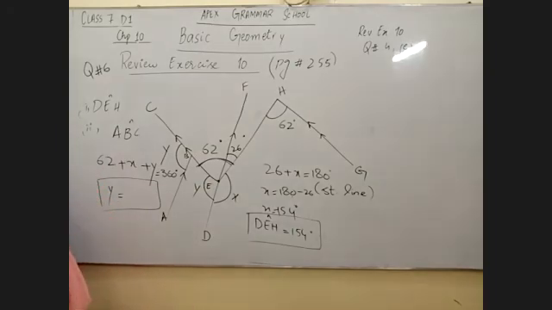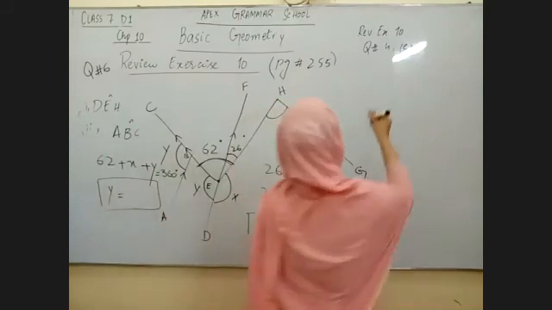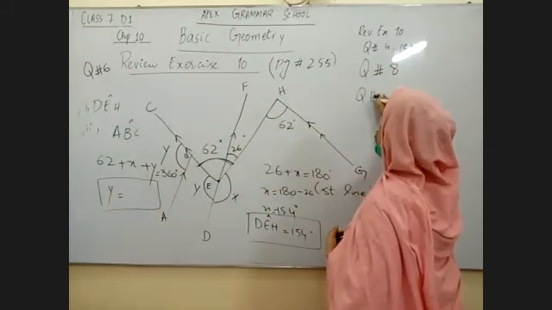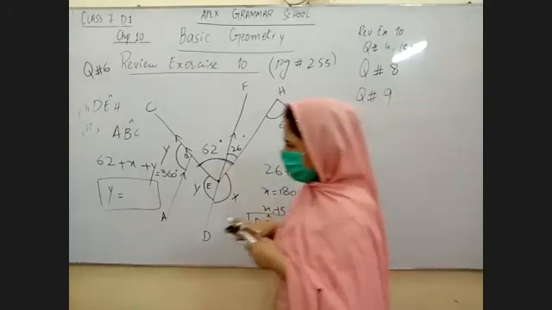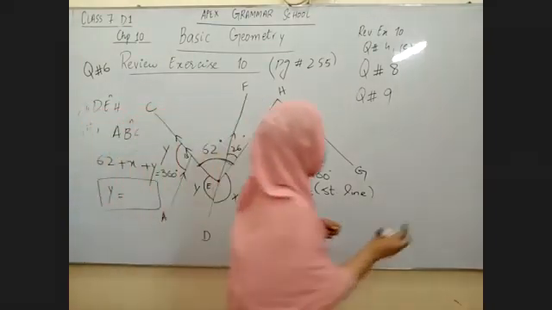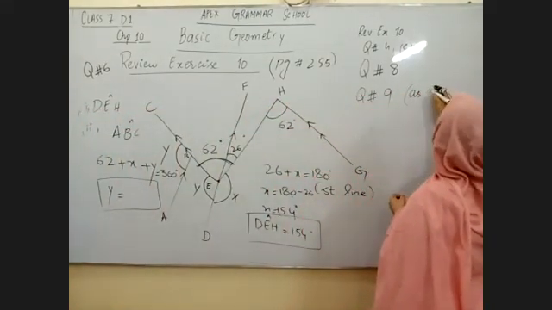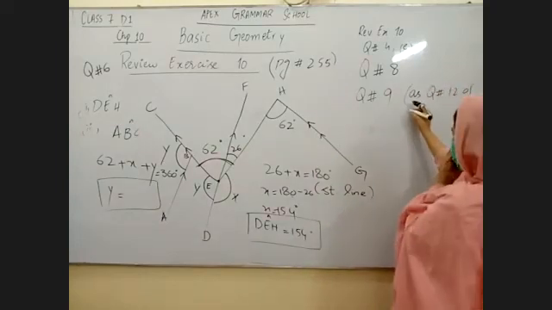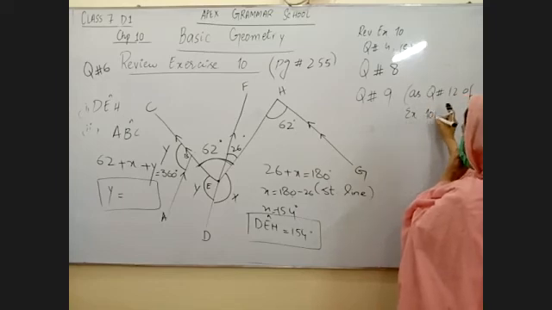Okay, it's time for your homework: question number 8 and question number 9. Question number 9 is a little tricky, but we have already done the same question as question number 12 of exercise 10B.